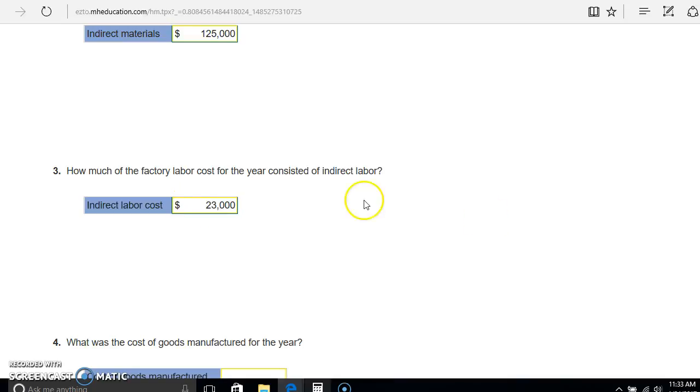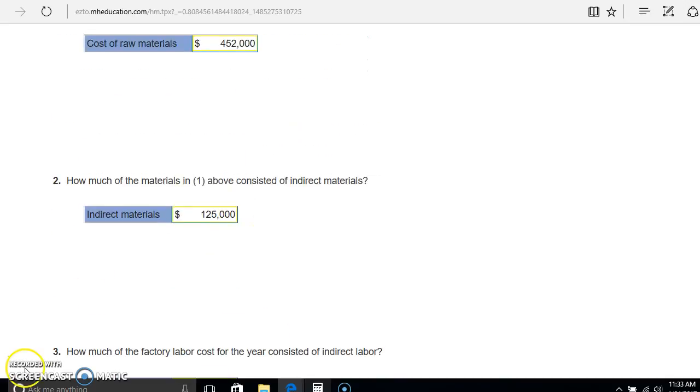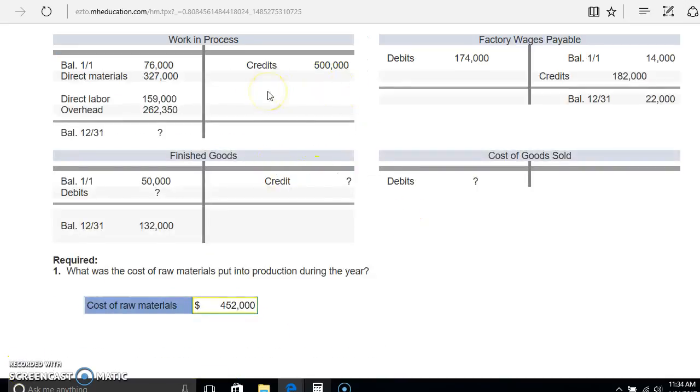Okay. What was the cost of goods manufactured for the year? On that one, fortunately, you don't have to do any calculation. What we're going to take for the cost of goods manufactured is the credits that we have in work in process. And what that means is $500,000 worth of cost, and that includes materials and labor, both indirect and direct.